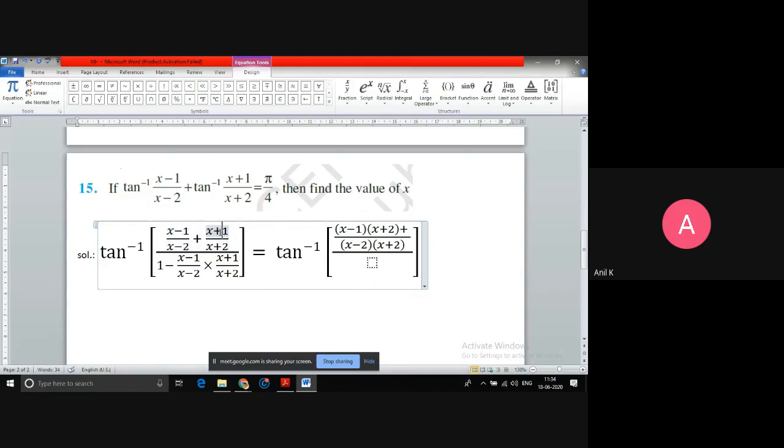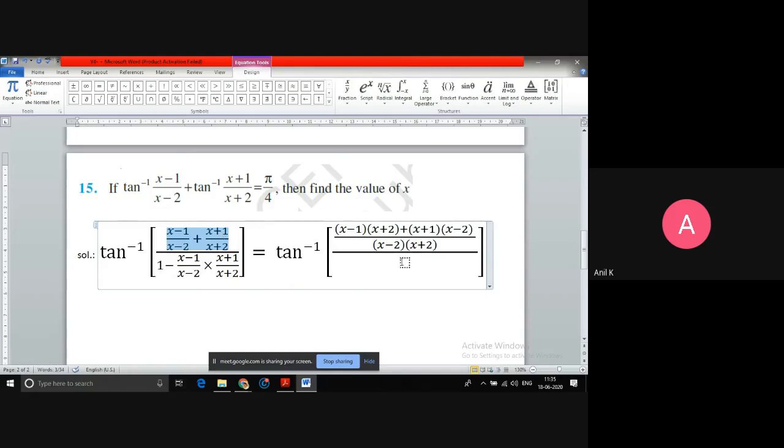Now here, this numerator x plus 1 will be multiplied with this denominator x minus 2. So x plus 1 is multiplying with x minus 2. So this is the LCM for only the numerator terms.